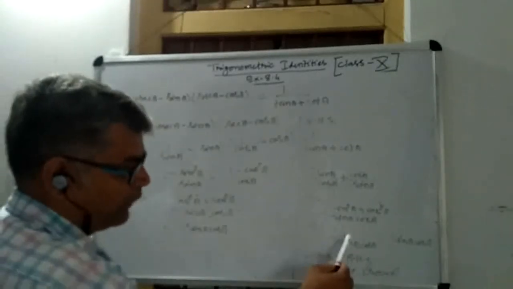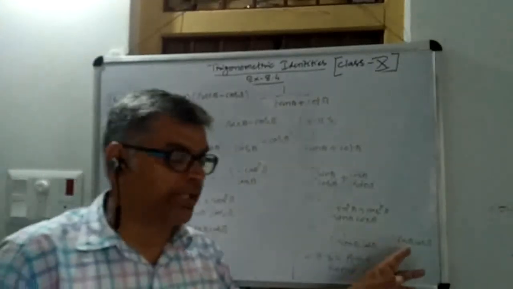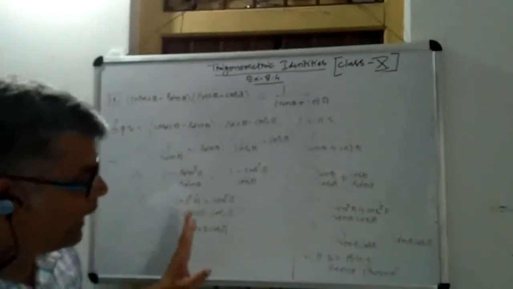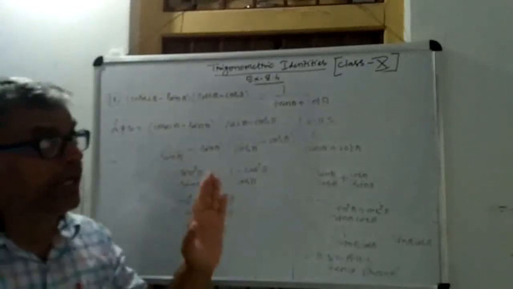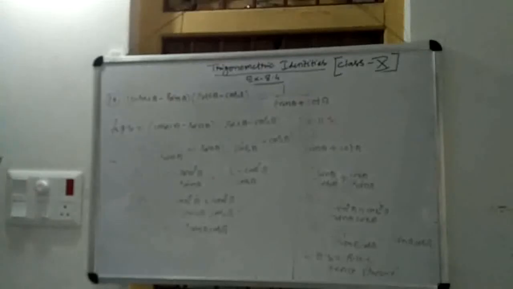So we have 1 by 1 by sin A cos A, and when it gets multiplied, then it becomes sin A cos A only. So you see that your LHS part and RHS part are equal, hence the identity has been proved. So in this way, your identity is proved.